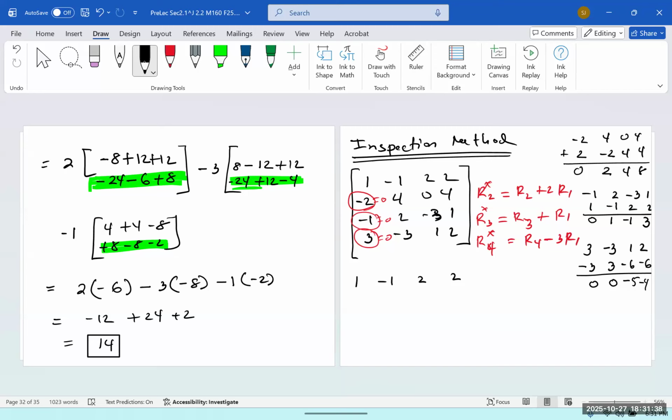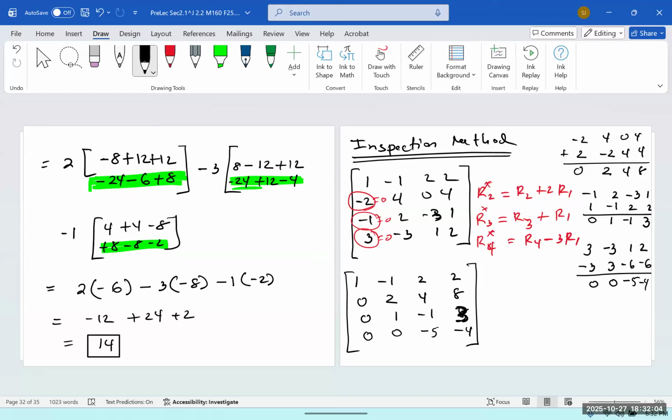The new row 2 is 0, 2, 4, 8. New row 3 is 0, 1, negative 1, 3. And last one is 0, 0, negative 5, negative 4. So this is our new matrix.